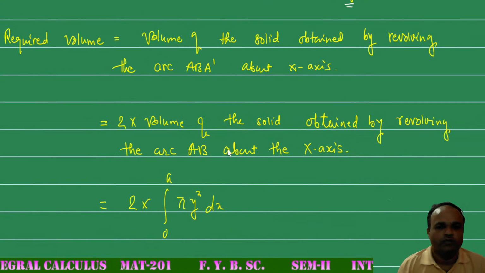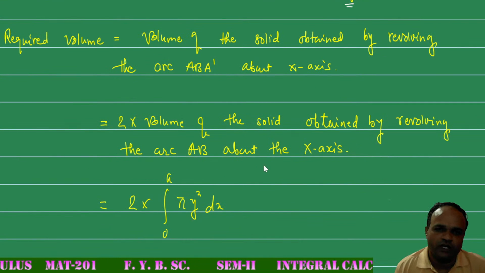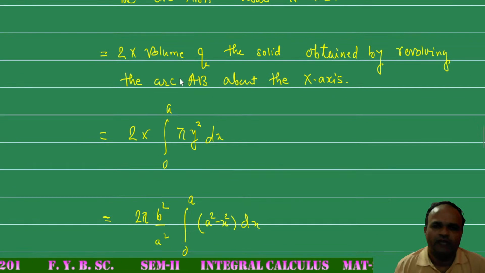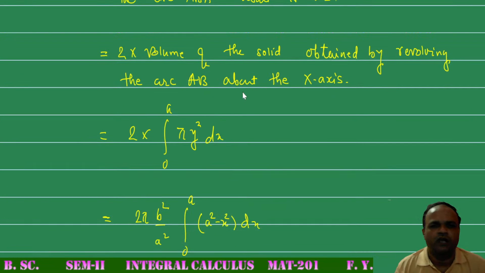So it will be 2 times the volume of the solid obtained by revolving the arc AB about the x-axis. And what is the volume of the solid obtained by revolving the arc AB about x-axis?